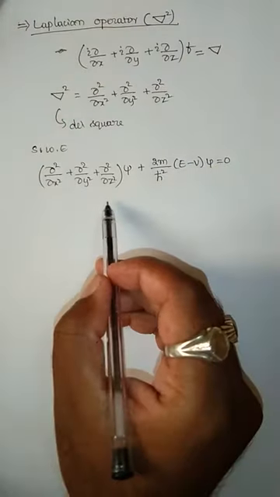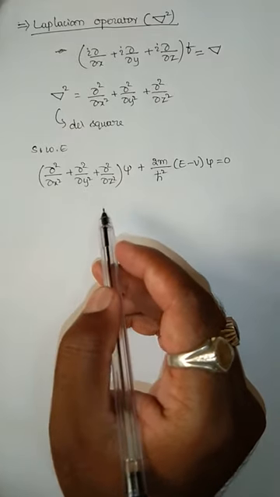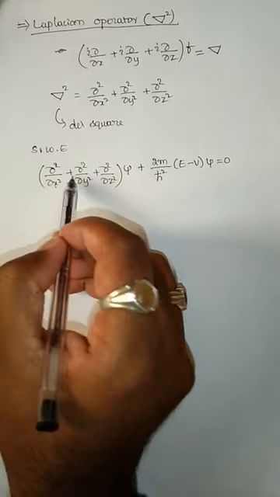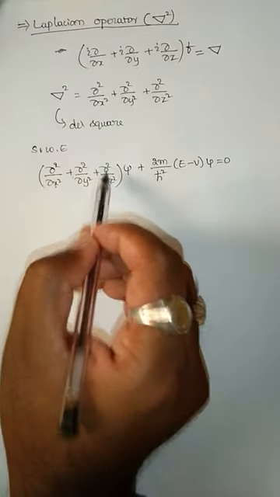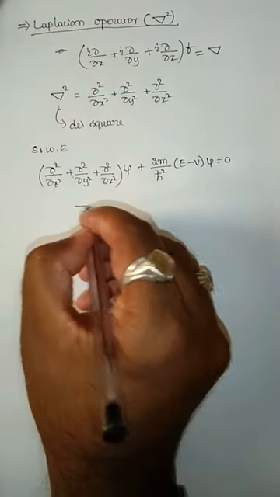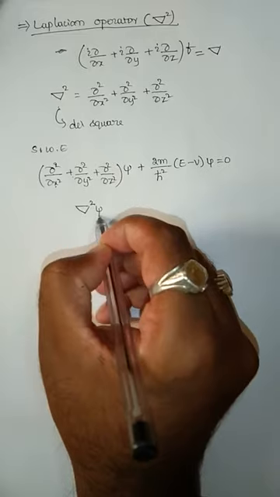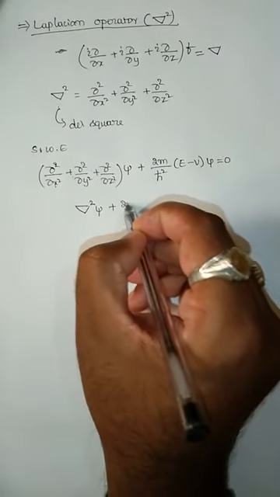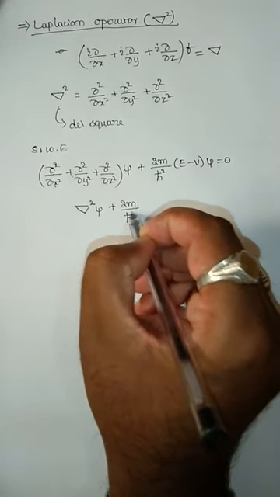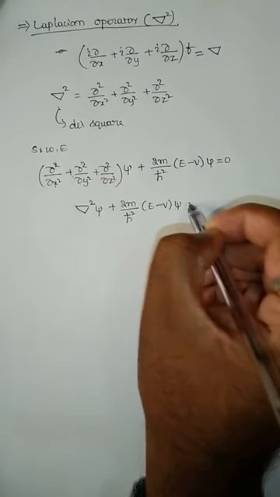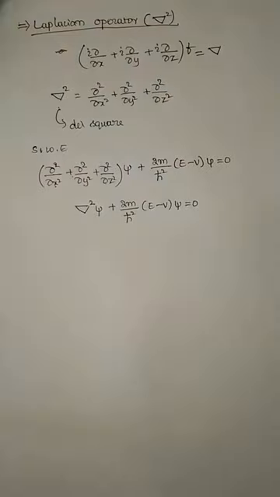So this is the 3-dimensional Schrödinger wave equation we derived in our last video. And here you can observe dou square by dou x square plus dou square by dou y square plus dou square by dou z square can be written as del square. So the Schrödinger equation reduces to del square psi plus 2m by h cross square into E minus V of psi is equal to 0.